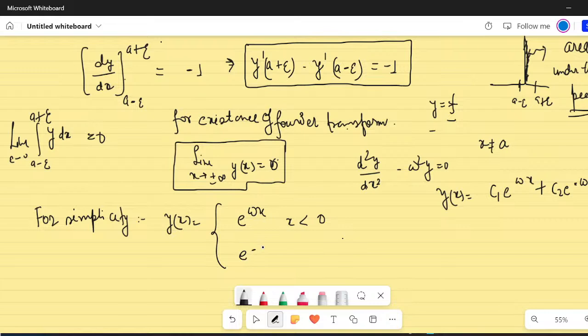And for x greater than a, I'll choose a solution e to the power minus omega x, and for x less than a, e to the power omega x, because a was given to be positive. This is something I had missed in the question itself, so a is given to be positive.